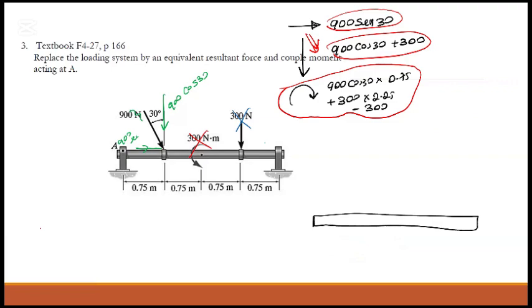When we add all together, 900 minus 30. So I got the resultant moment as 1034.57. Do you get the same? Yes.